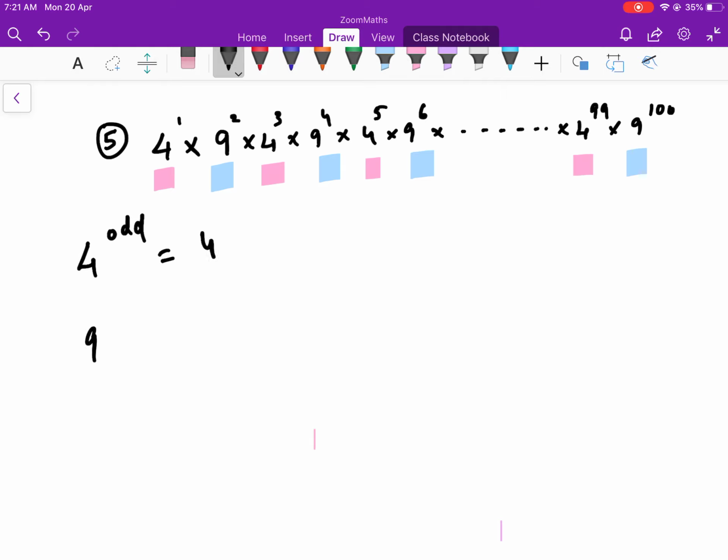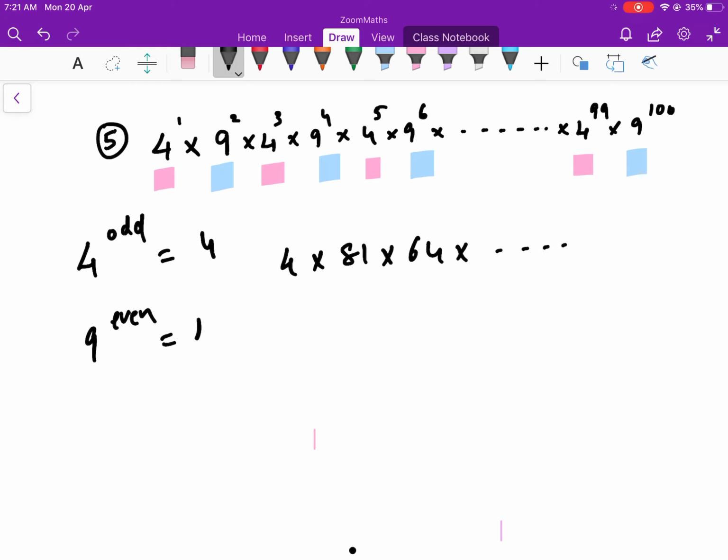Then 9 raised to even always ends in 1. Okay, fine. So what happens, we get numbers like 4 over here, 64. So this will be like 4 into 81 into 64 into then a big number over here, right?